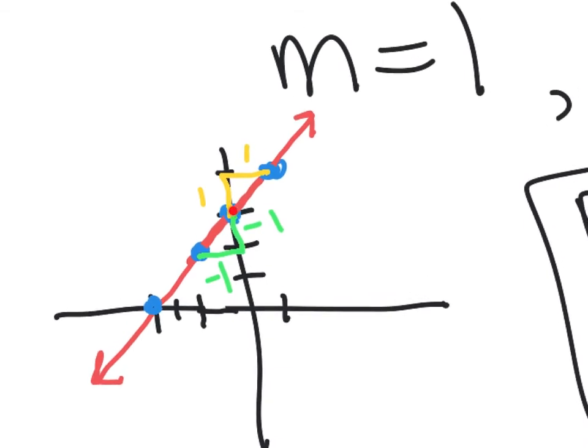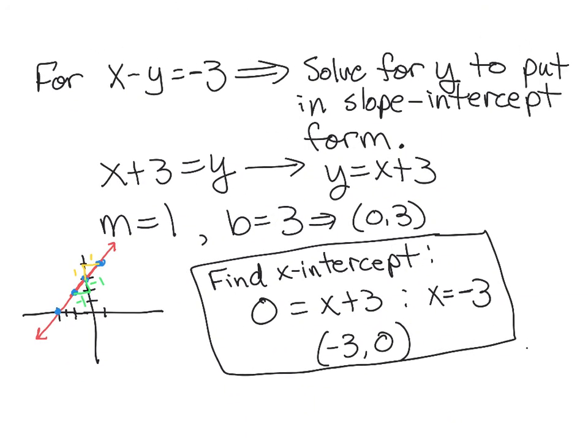If I plot the point that I know, my y-intercept right here at +3, and I have rise over run as 1 over 1, then from a point I know I can count up 1 over 1 and make a dot. But +1 is also -1 over -1, so I can also go down 1 and backwards 1 and make a dot. Those 3 points will make my line.